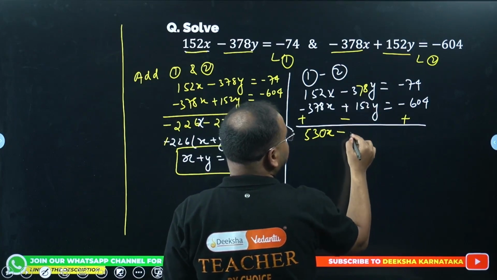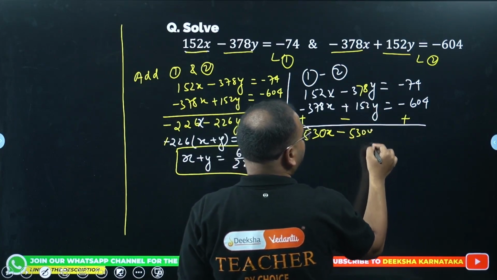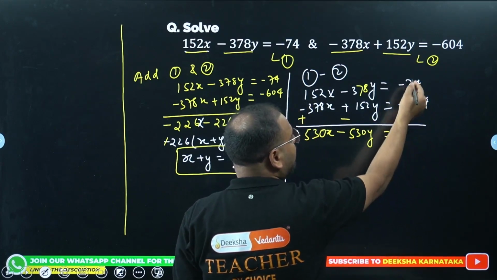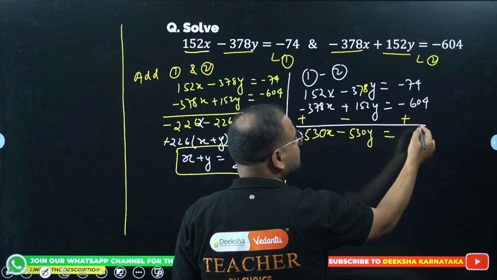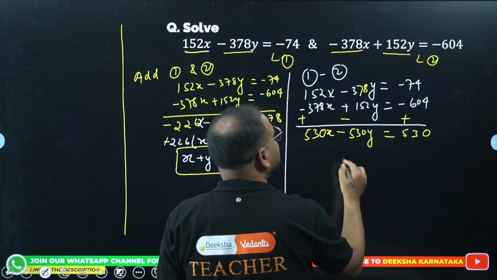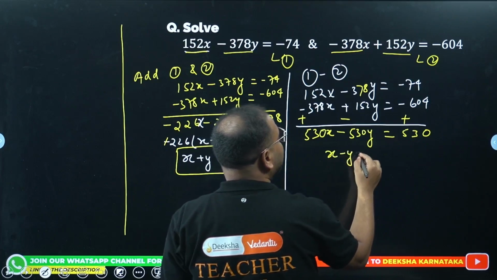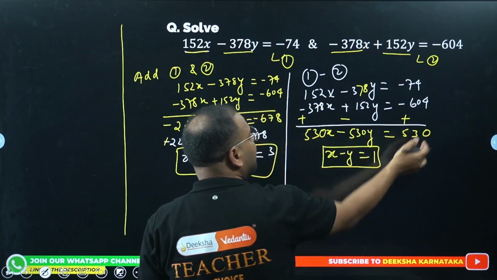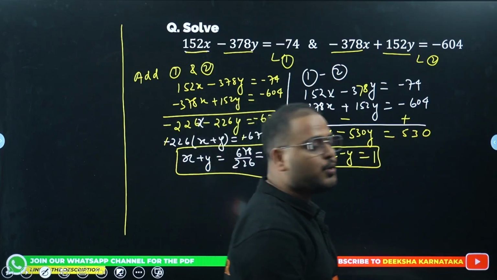Minus, same number we are adding. So 530y equals to, take it here. This is plus, this is minus, subtract: 4 minus 4, 0, 10 minus 7, 3, and this is 3. What is this going to be? We can take 530 common and divide there, it will become x minus y equal to 1.